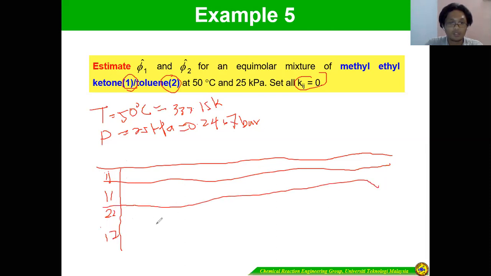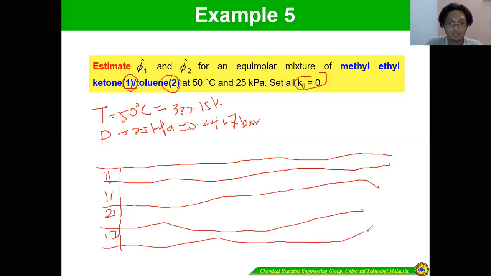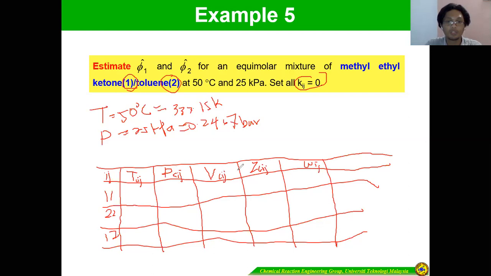We have to calculate TCij, PCij, VCij, and ZCij as well as omega ij.